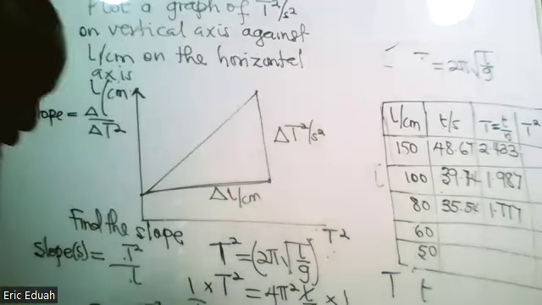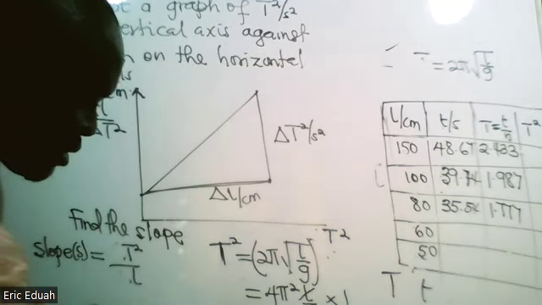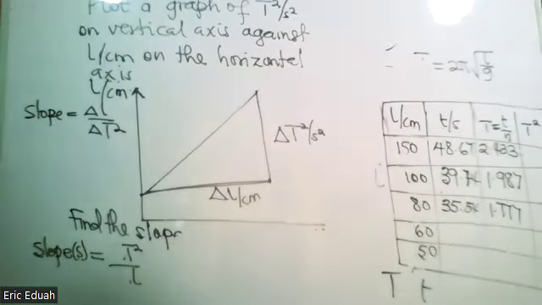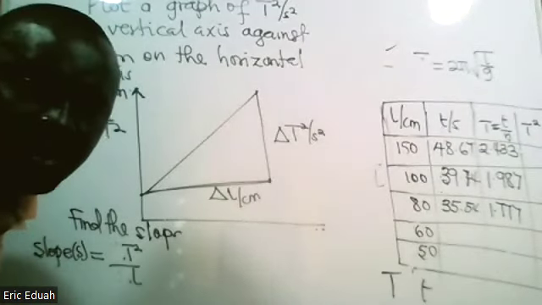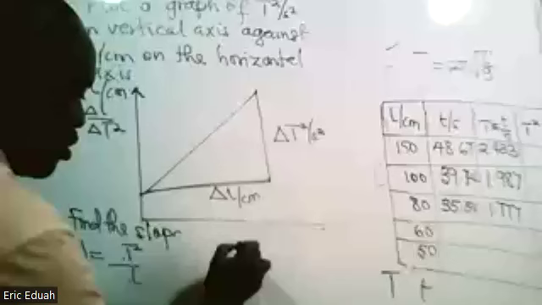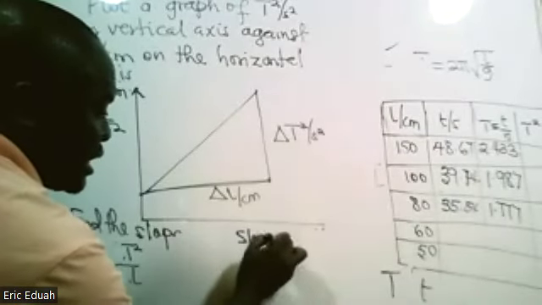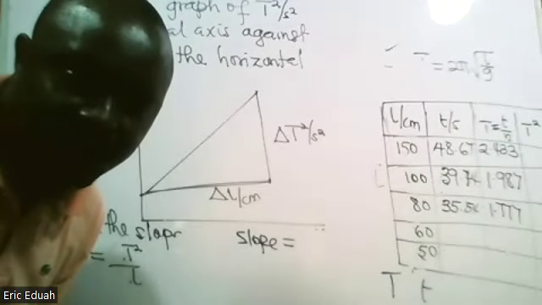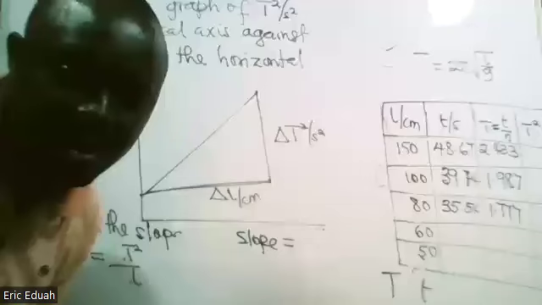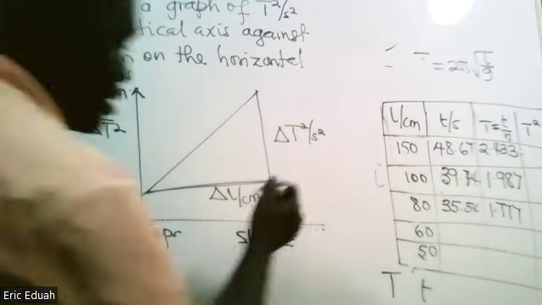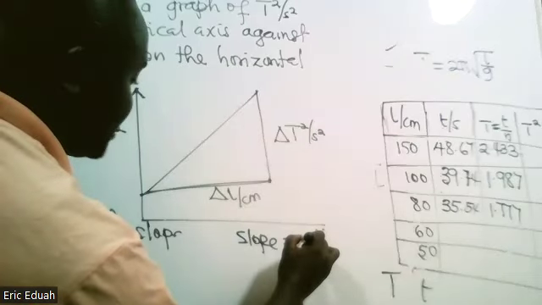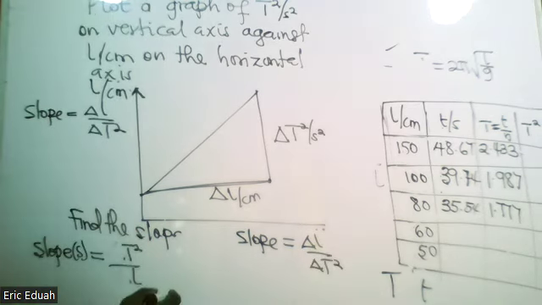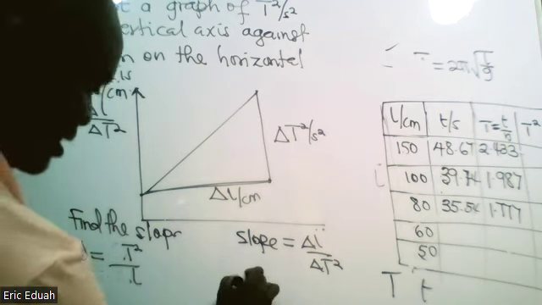Let's pick it from here. So your slope in this case, over here, when I determine the slope will be change in L over change in T squared.